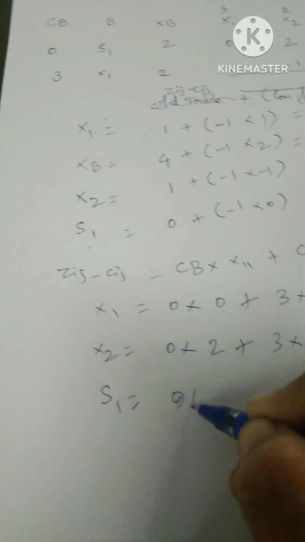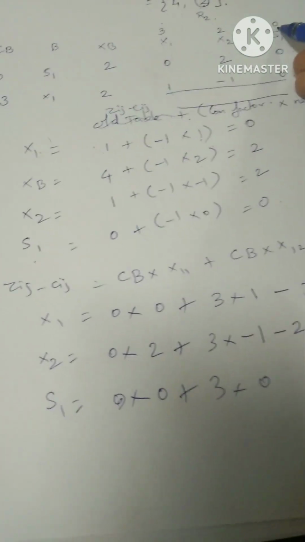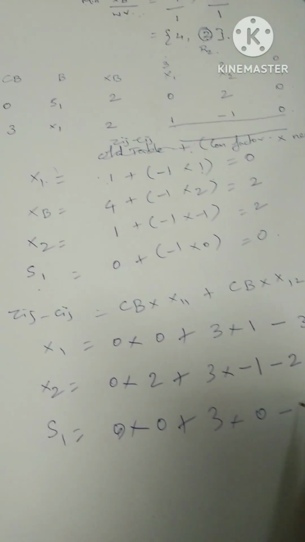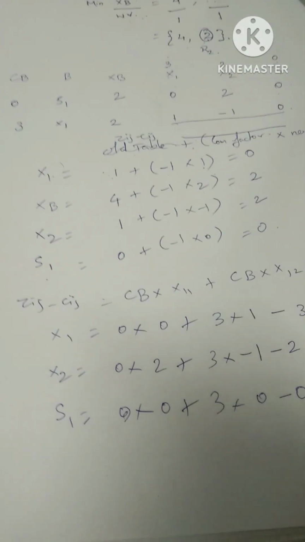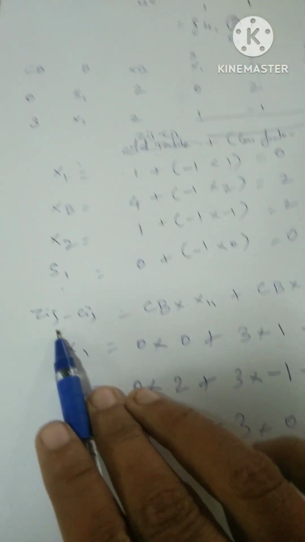For S1, Cb is 0 into S1 is 0 plus Cb is 3 into S1 is 0. Objective function is minus 0. So automatically we are receiving 0. So we had found out Zij minus Cij.